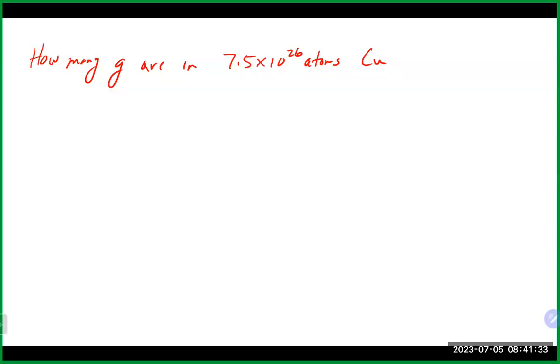So why don't you take a moment there, and we'll take a look here. Copper on the periodic table, as we just calculated, 63.55 is what you see. All right, let's take a look.